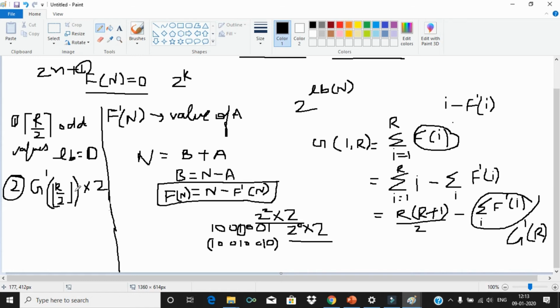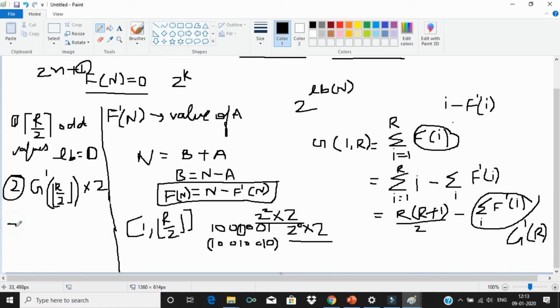This is because all the even terms in the range 1 to r will be actually nothing but all the values in the range 1 to floor of r by 2, just multiplied by 2. That's why this is the contribution of even number terms to the answer, right?